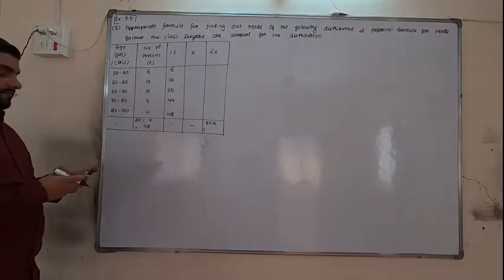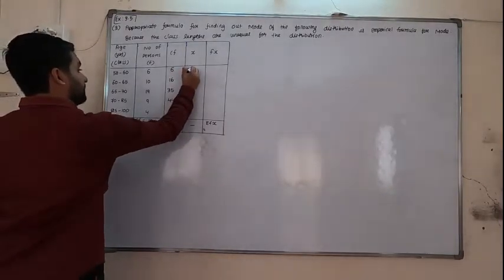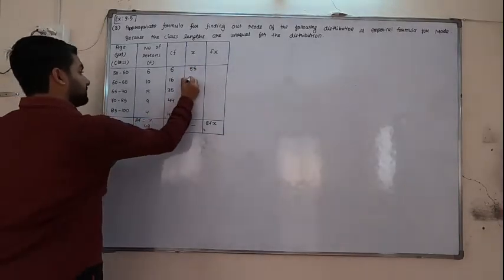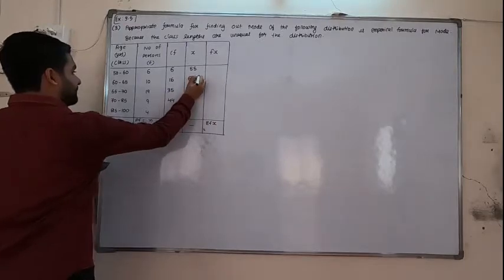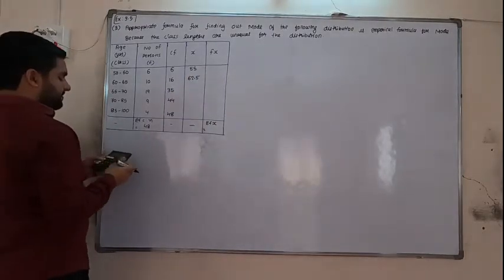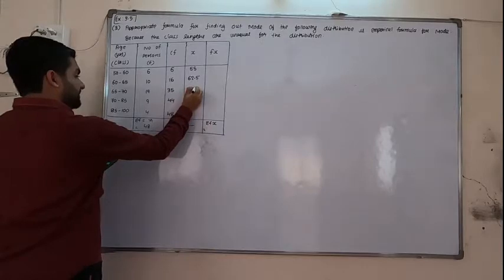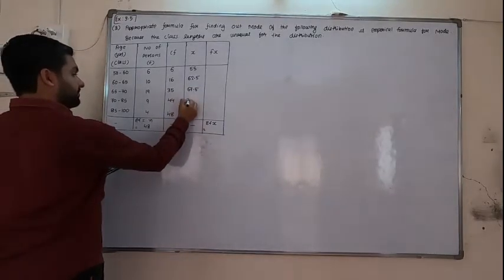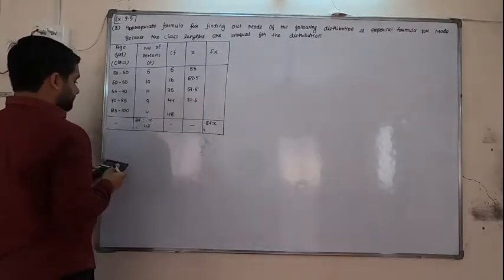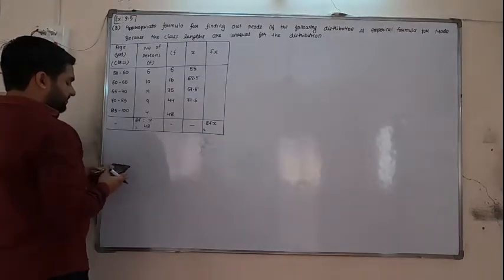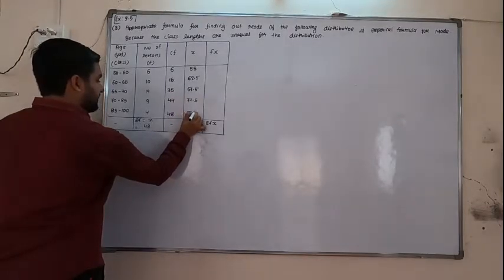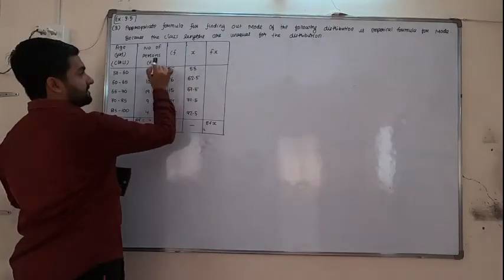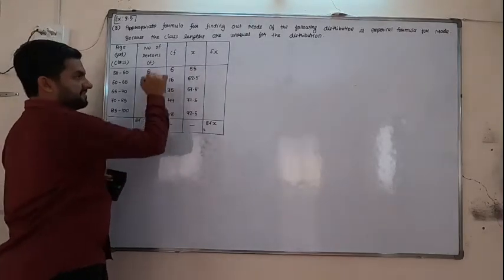Now X: 50 plus 60 by 2 is 55, 60 plus 65 by 2 is 62.5, 65 plus 70 by 2 is 67.5, 70 plus 85 by 2 is 77.5, 85 plus 100 by 2 is 92.5.